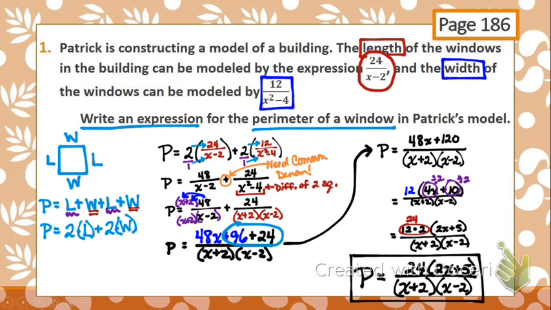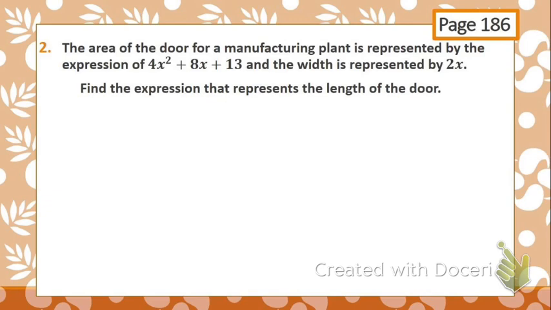All right, let's look at the next one. The area of the door for a manufacturing company is represented by, oh, they gave me an expression. Circle it. And what does that expression represent again? The area. How do you find area of something that's door shaped?